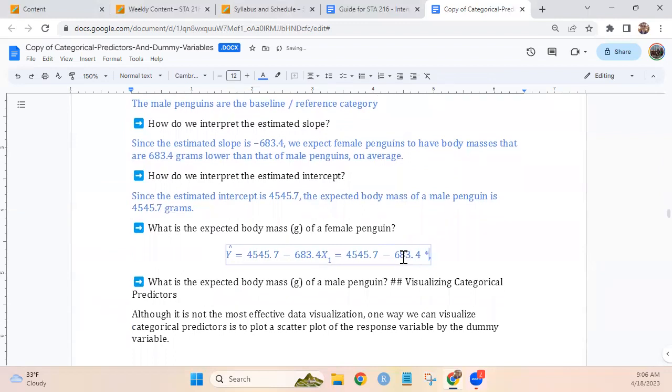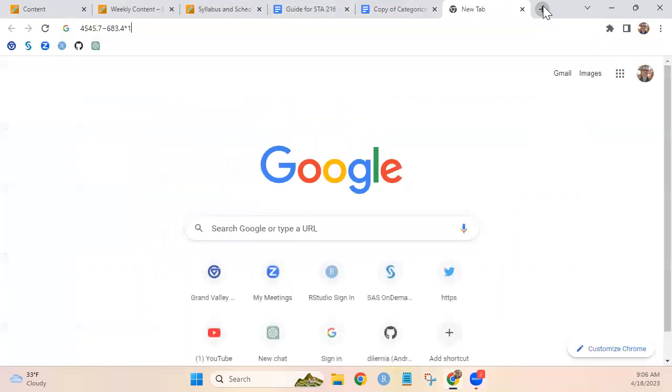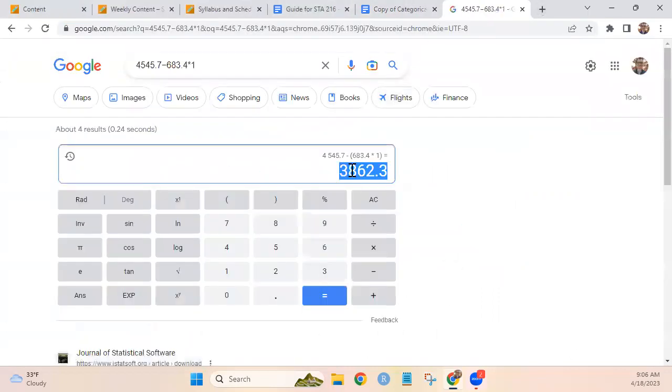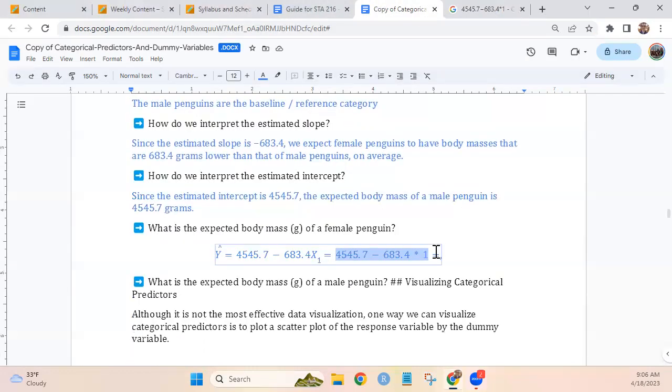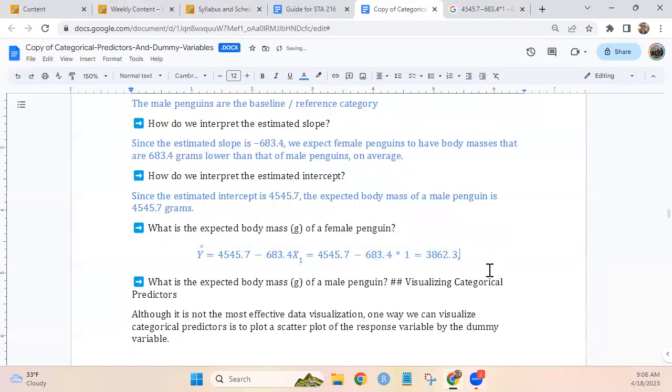So we do times 1, and that gives us this number, which is exactly equal to the sample mean body weight for the female penguins, if you calculated that out.